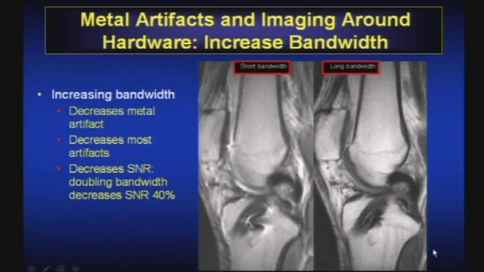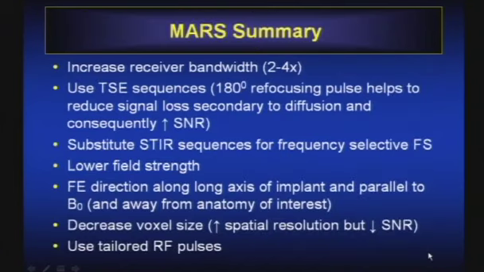Okay, so really basic things that you're doing with your standard clinical sequences. And again, that's been referred to as MARS, Metal Artifact Reduction Sequence. And this is the summary. So you're going to increase your bandwidth 2 to 4 times, kind of maxing that out. Use turbo spin echo sequences, no gradient echo sequences. Get rid of chemical fat suppression and substitute with STIR.